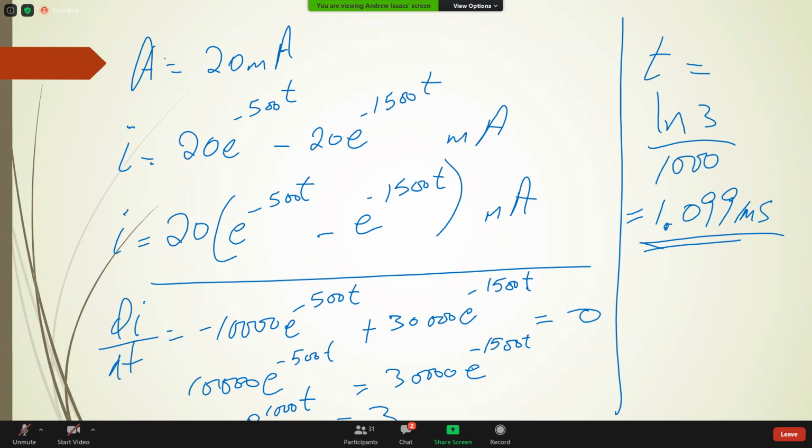Okay? So what this is saying to you is that the maximum occurs at that time.